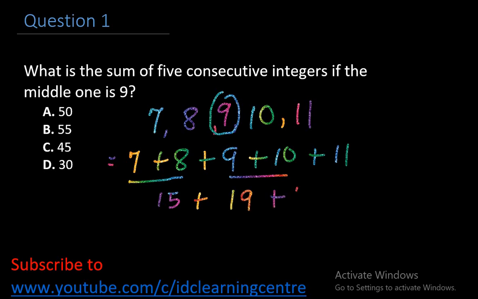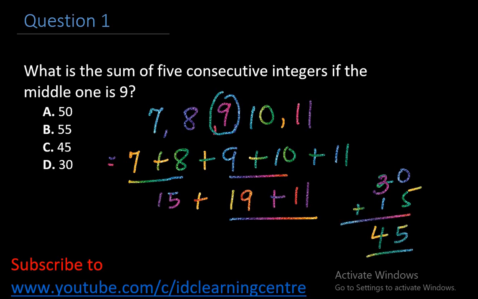Then we have 11. 19 plus 11 is 30. Now plus 15. So if you sum up everything together, it will give you 45. So the right answer is C, 45. So 7 plus 8 plus 9 plus 10 plus 11 is equal to 45.